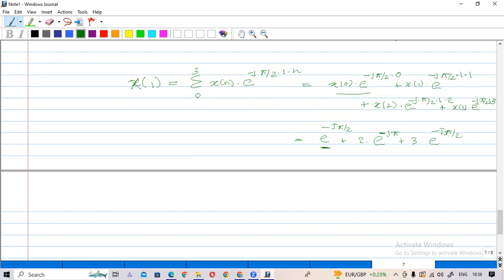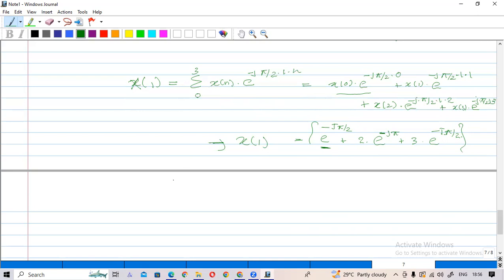You can use a calculator and also conclude, but it is easy to calculate in this method rather than using the calculator. But I hope you still can't understand this process, so I'm not going to simplify this further. So this is the answer for X1. That is enough, I think.